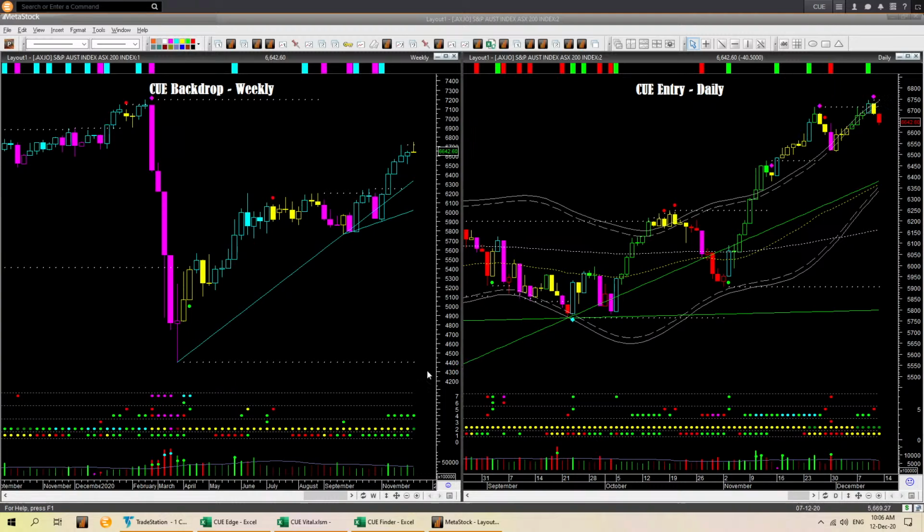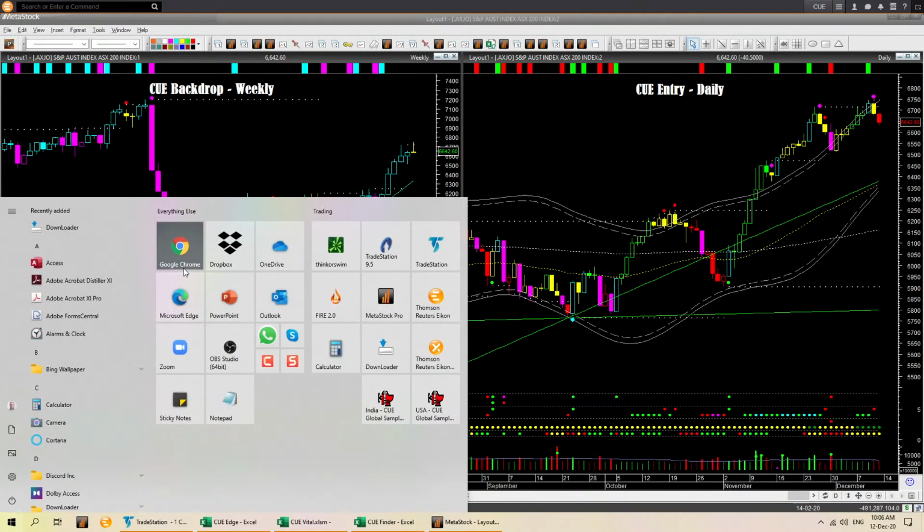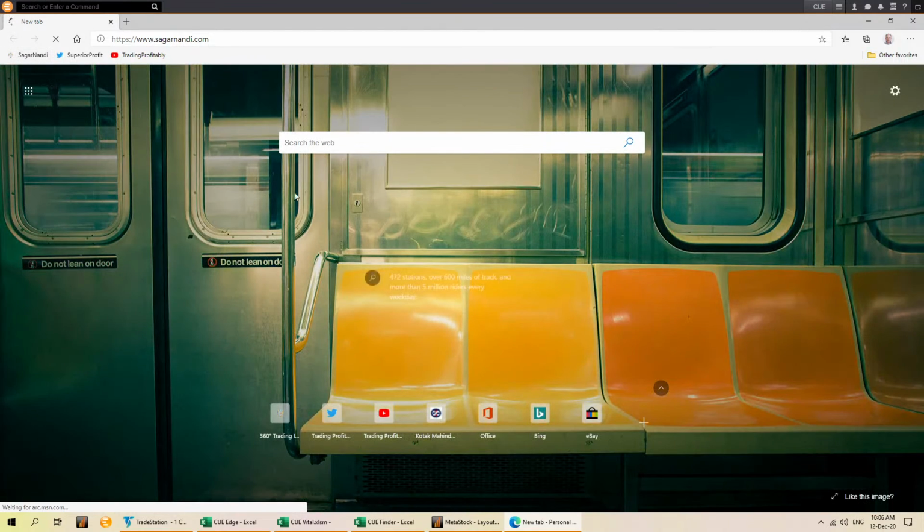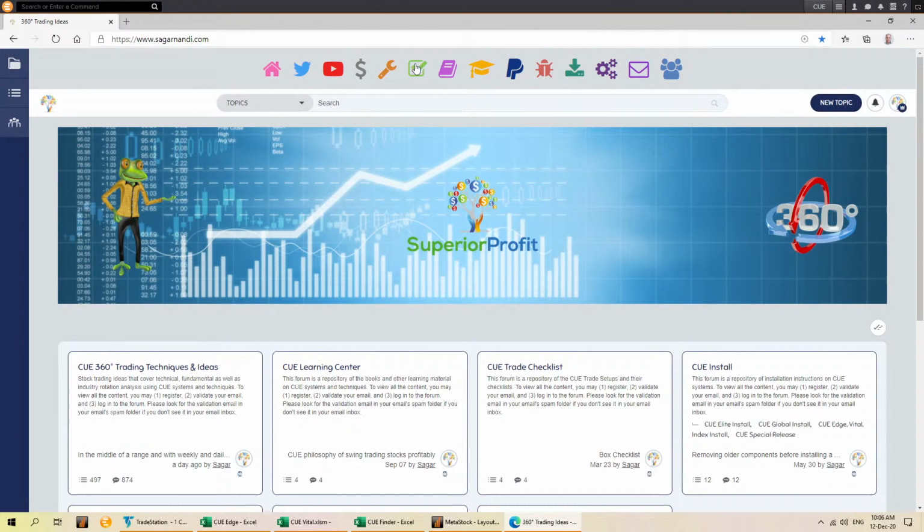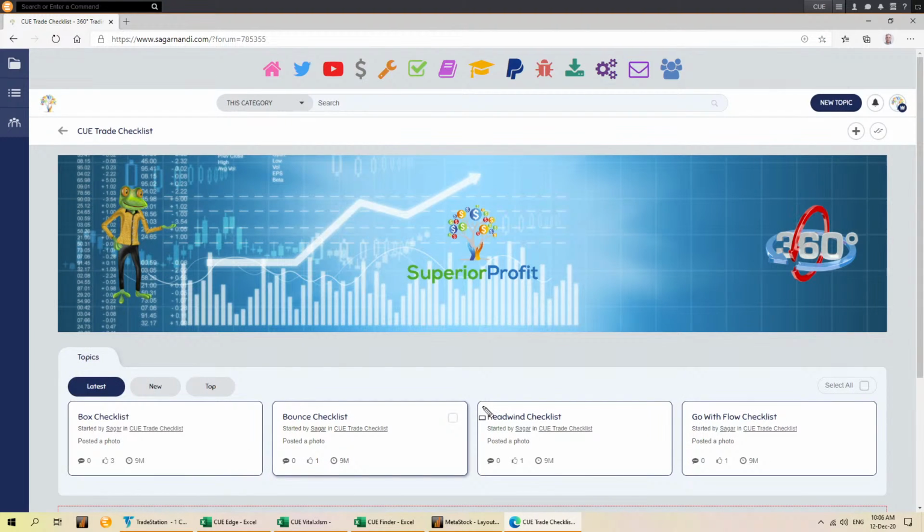As you know, there is a checklist associated with all the Q trade setups, and those checklists are mentioned on my website sagarnandi.com. If you go to this checklists page, there is a checklist associated with all the trade setups, and headwind is one of them.